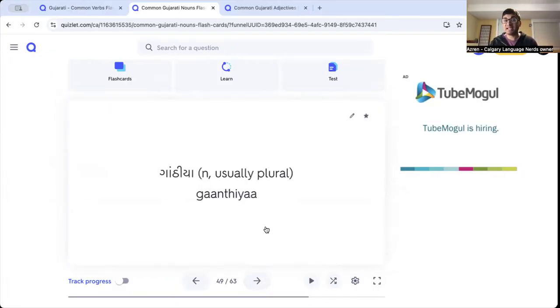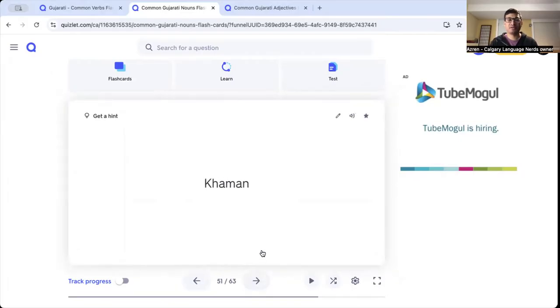Gatia or gantia, depends on the person. If it was one, I don't even know. Ek gantu, I guess. I'm not sure actually. Kachori, kamar, jalebi, everyone's favorite. Jambu, also everyone's favorite.